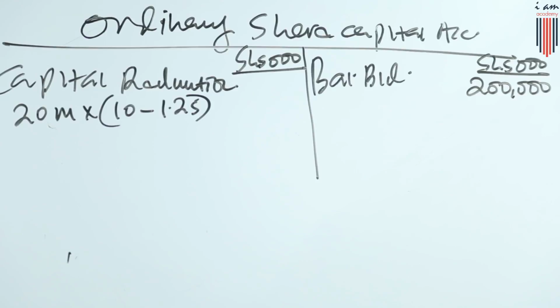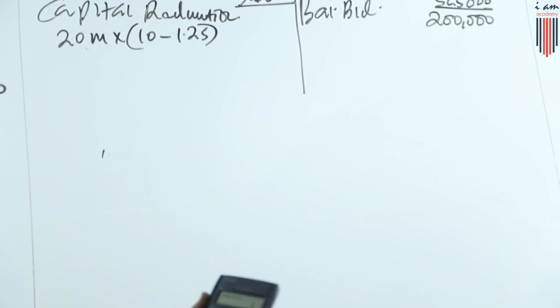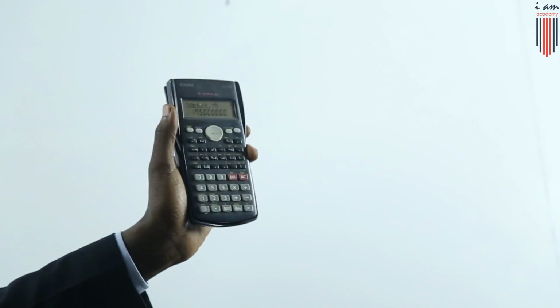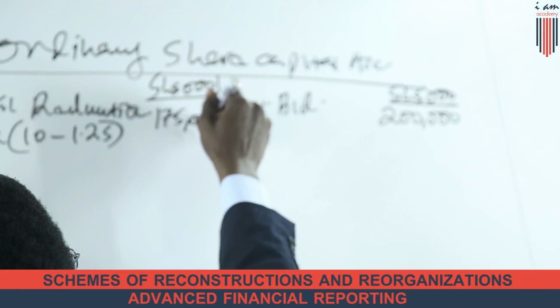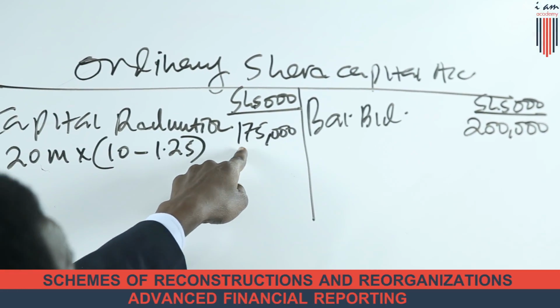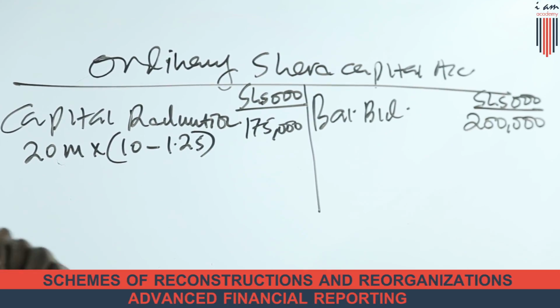So what are we having now? 20 million multiplied by 8.75. We are getting 175 million. So we'll come and talk about 175 million here. Remember, this is a debit entry. The credit entry will be to the capital reduction account.